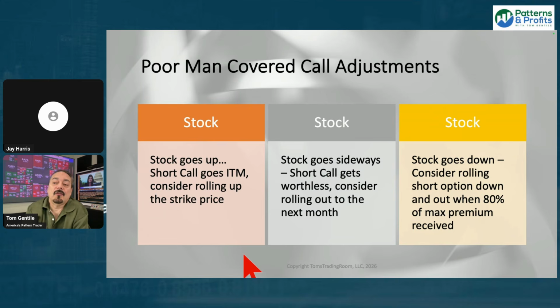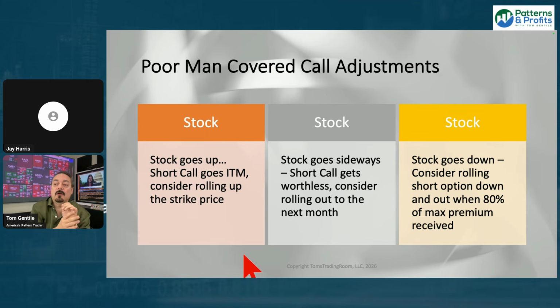As the stock goes up, the short call goes into the money. You could consider rolling up the strike. If that trade's going in your direction and you want to eke out a little bit more, you could just keep rolling up the strike. That means buy back the short call and sell something higher up, and hold the long calls as if they were your stock.